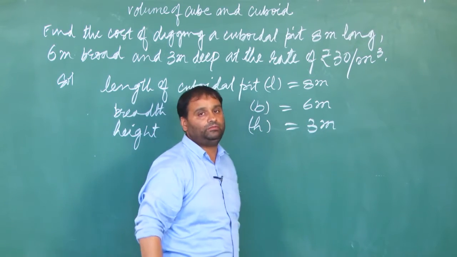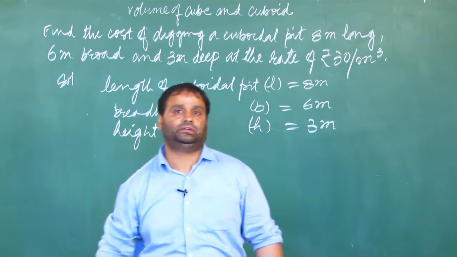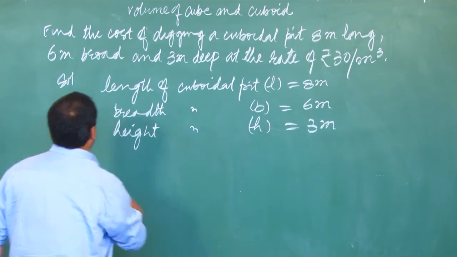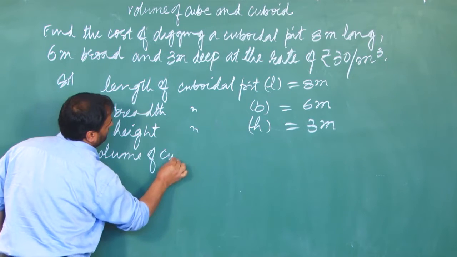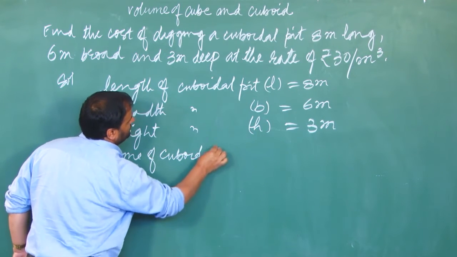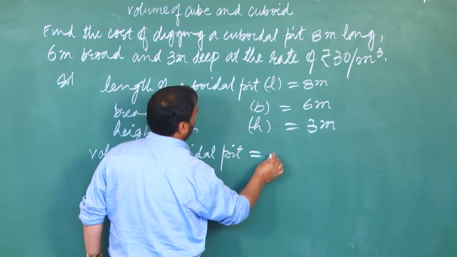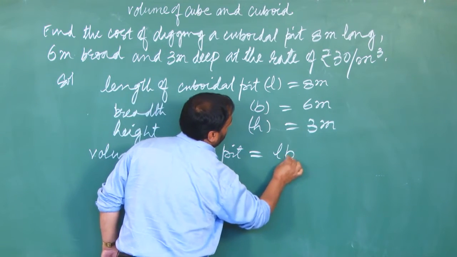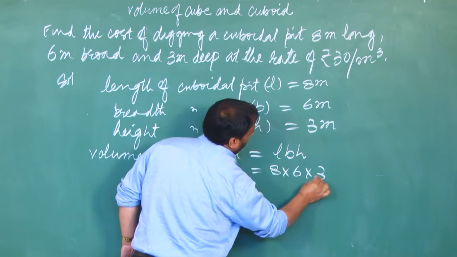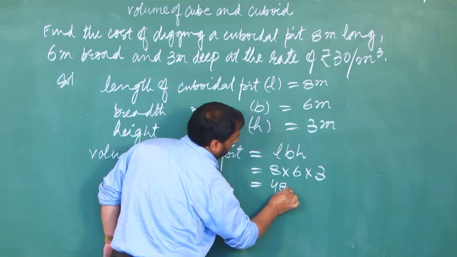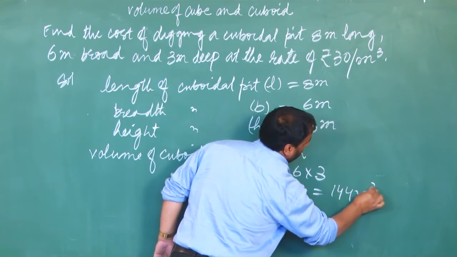What will be the volume of that cuboid? It will be the product of its length, breadth and height. For the volume of the pit, which is in cuboidal shape, we use the formula length into breadth into height. Length 8, breadth 6, height 3. So 48 into 3. It is 144 meter cube.